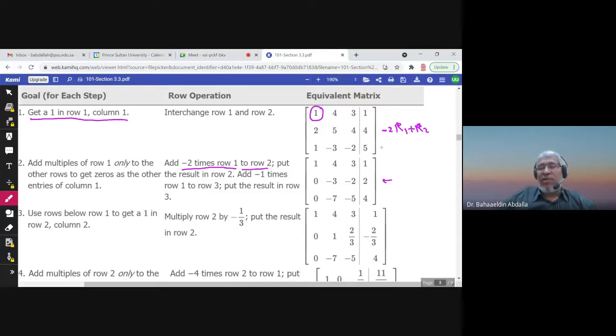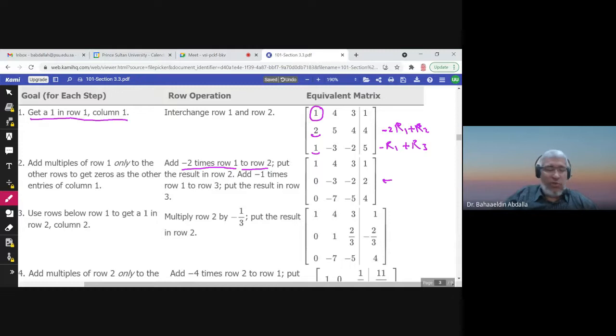Also, I'll multiply first row by negative 1 and add it to R3. Because this number is 2, you multiply by negative 2. This number is 1, you multiply row 1 by negative 1. And by this, you finished column 1. Now column 1 is 1, 0, 0 as we need.